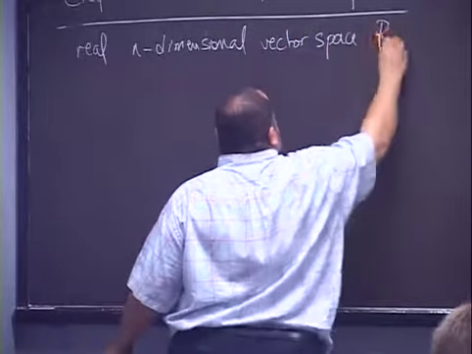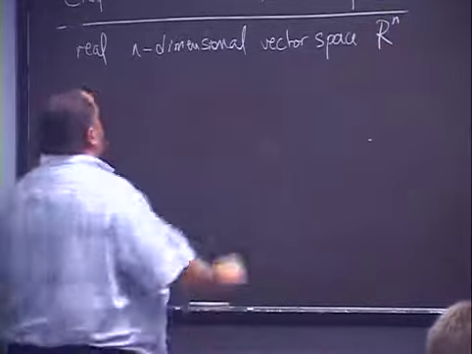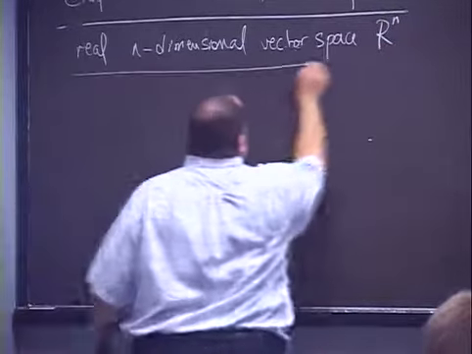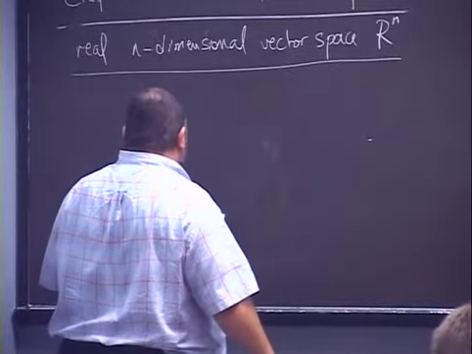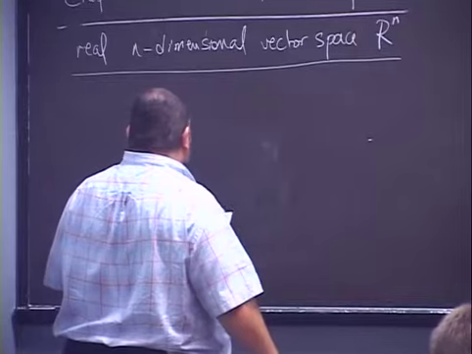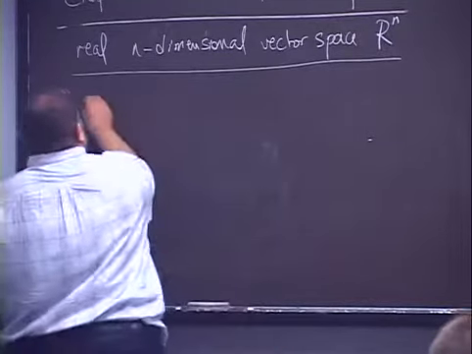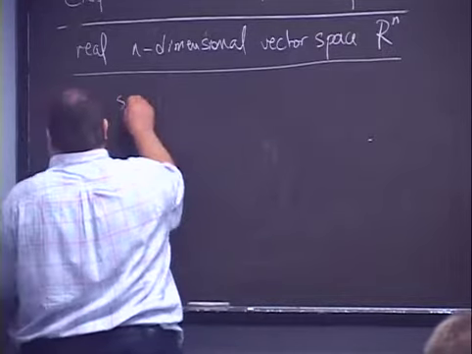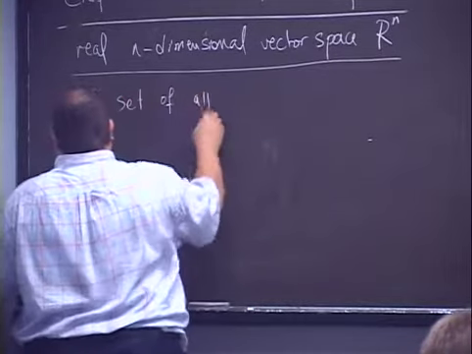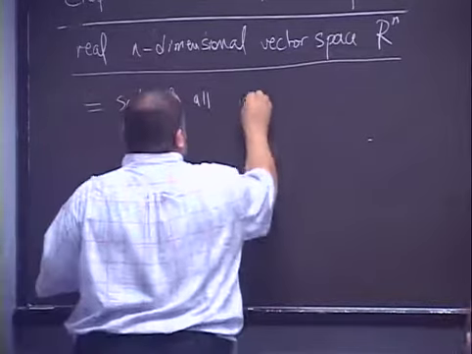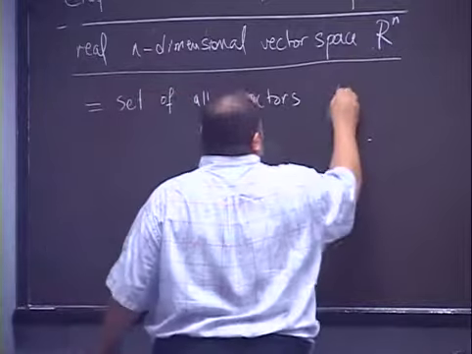And sometimes we call it real n, Rn. And it is defined as a set of all vectors with real components.